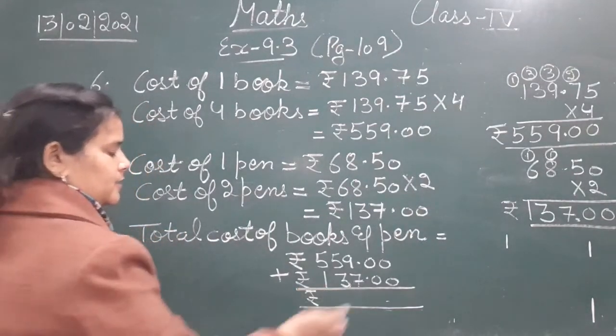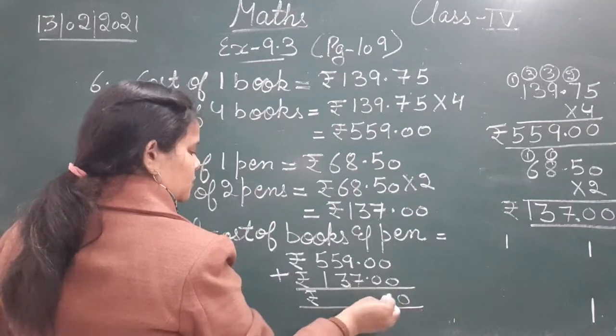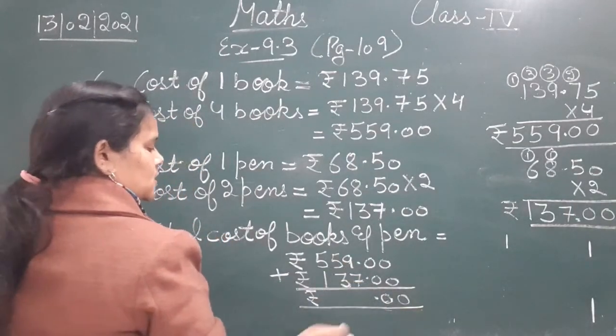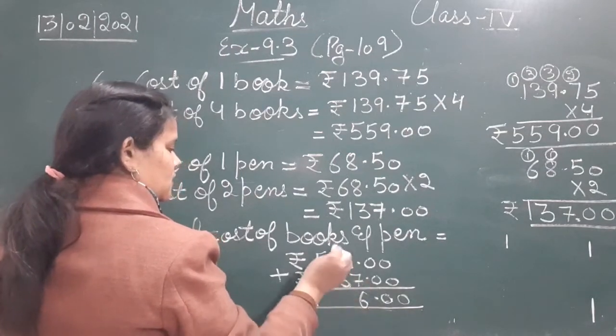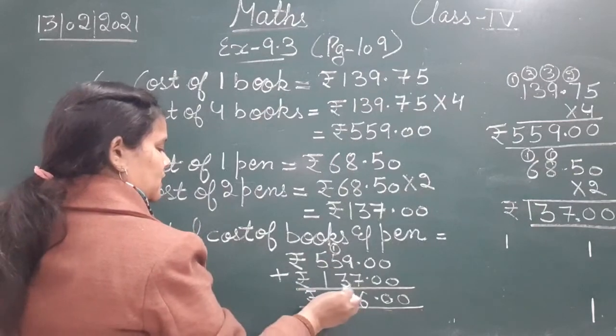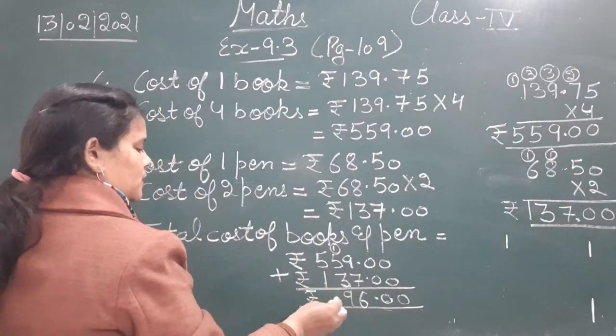So let's add: 0 plus 0 is 0, 0 plus 0 is 0, 9 plus 7 is 16, 6 and 1 will be carried here. 5 plus 3 is 8, plus 1 that is 9, 5 plus 1 is 6.